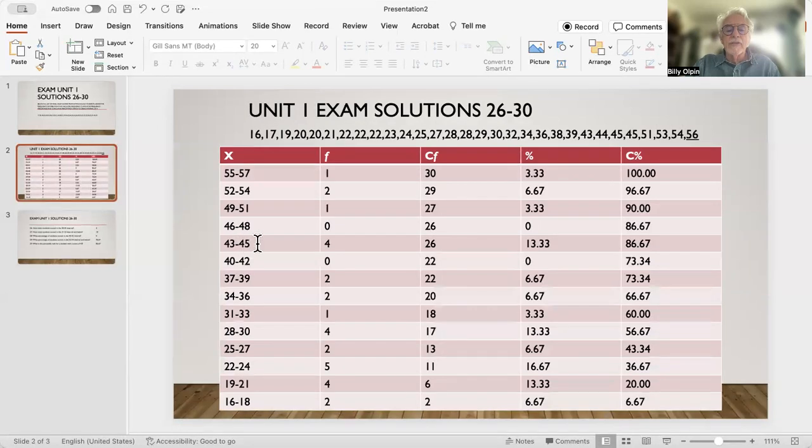So a score of 43 right here is in this interval. So 4 students, right? But that's not the question. What is the percentile rank? And as I said, it is equal to the cumulative percentage. So the percentile rank for a student with a score of 43 would be 86.67, right? Because he's in this interval right here.